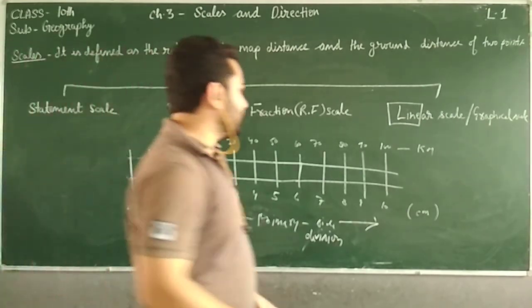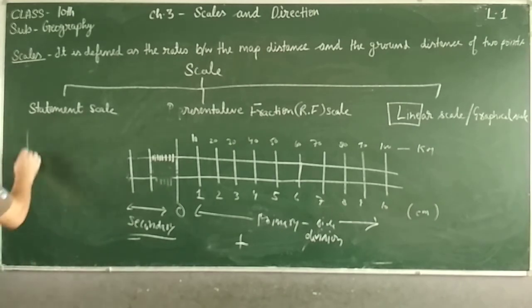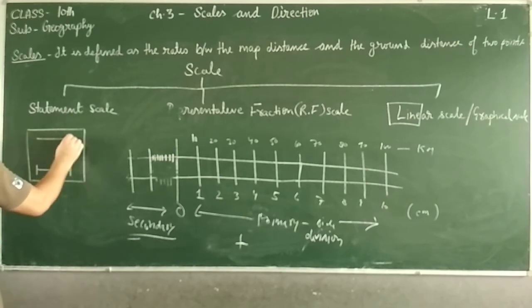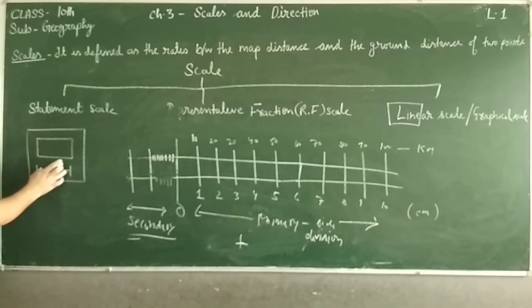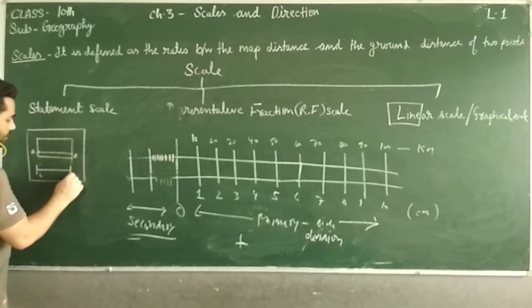Now the advantage of this linear scale is that if it is given like this on a map, if a map is drawn and then scale is there, you will be able to have an estimation of the distances. Suppose I am going to measure from here to here, A to B, and here it is written 2, and here it is written 10.